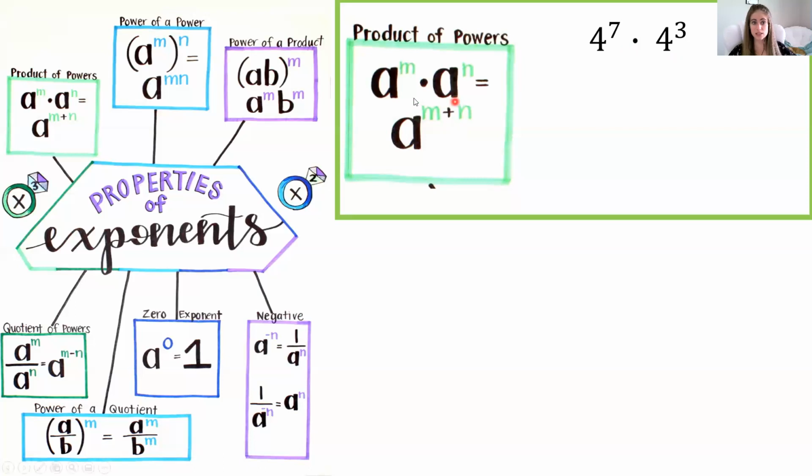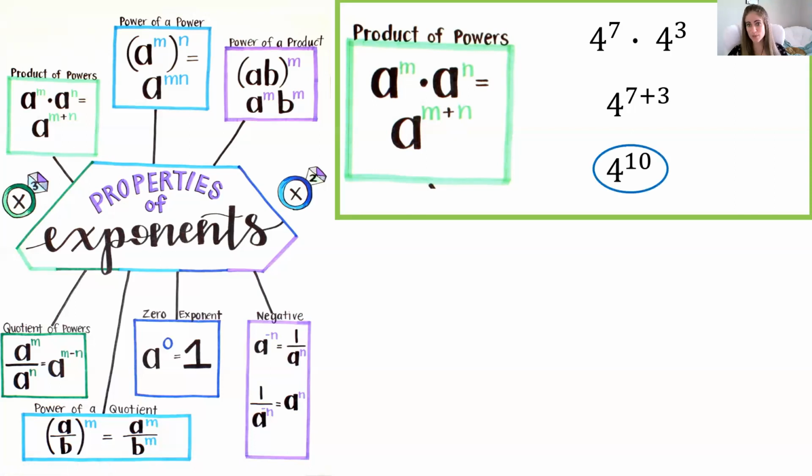And that rule states when they're being multiplied, you add the exponents. So same base, so they combine under that same base. That 4 doesn't change, just our exponents do. We're going to add our exponents. So 7 plus 3 is what? 10. Our final and simplified answer is 4 to the 10th.